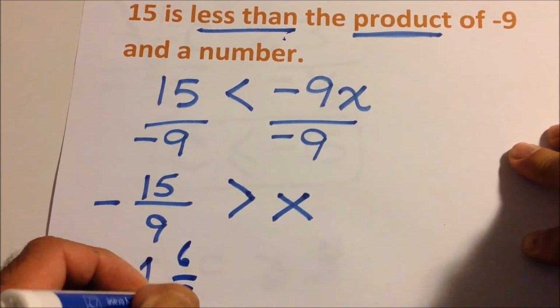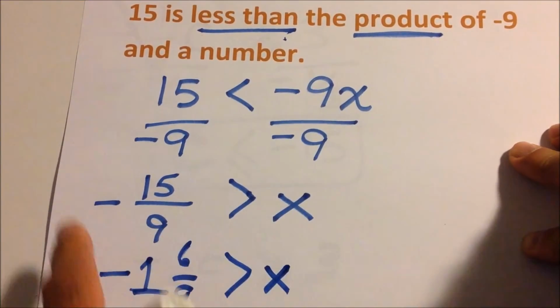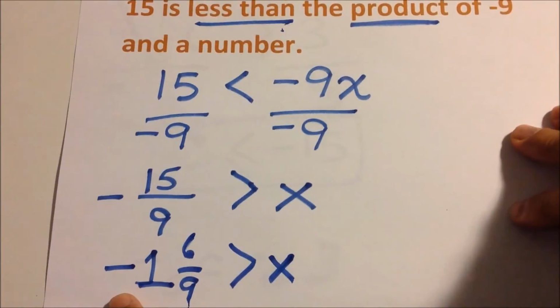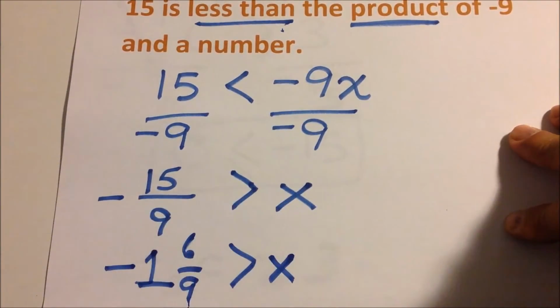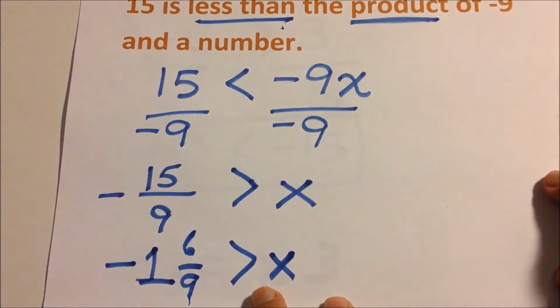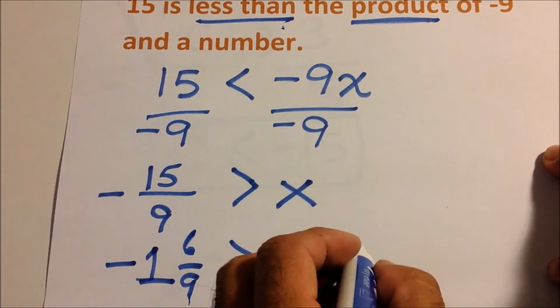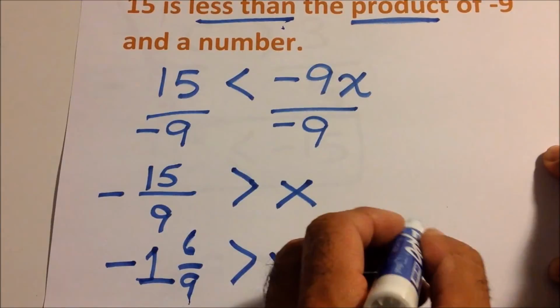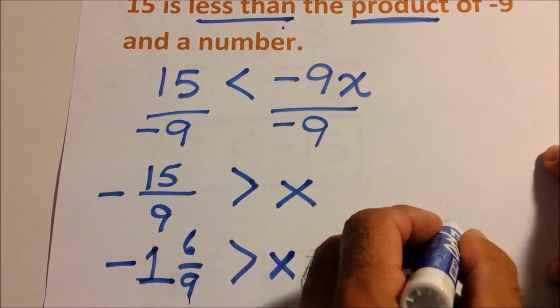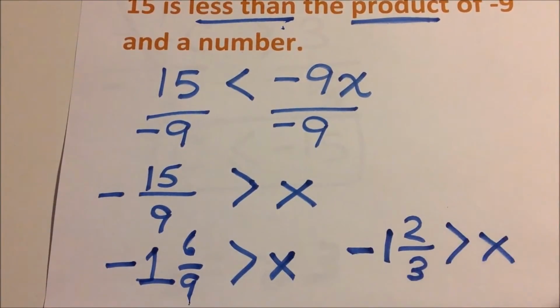Depending on what I ask you on a quiz, you can leave it improper or make it a mixed number. And if I say write it in simplest terms, don't forget that you have to reduce that. So it would be negative 1 and 2/3 is greater than x. Or you can make it a decimal.